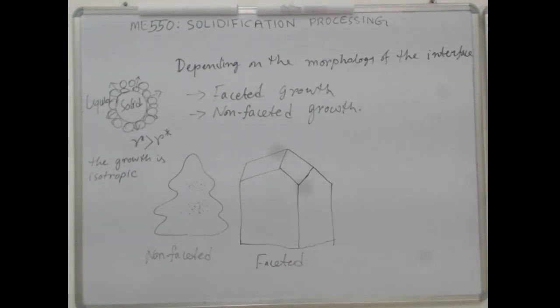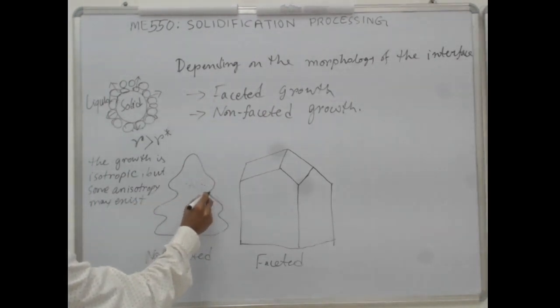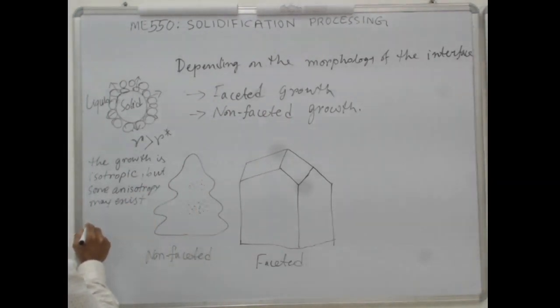Isotropic means it is almost equal in all directions, but some anisotropy may exist because of the interface energy.